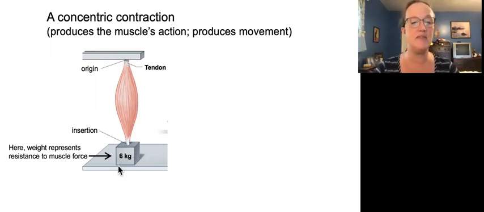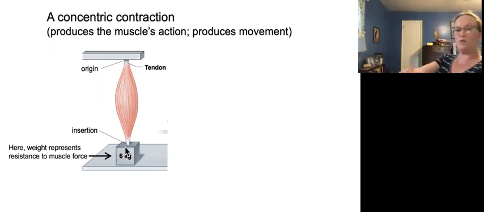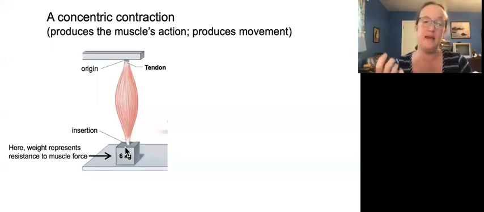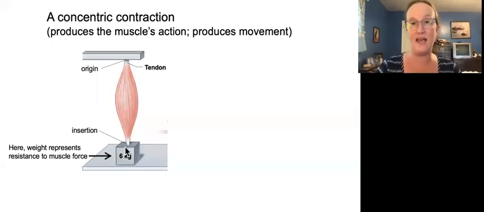And then at the bottom of that muscle, at its insertion, there's a weight. Now, anatomically, that could be, for example, the weight of the forearm that the biceps has to move, okay? Or it could be the added weight of a weight in the hand, for example, if we're talking about biceps, and we'll see some of that in a minute. But either way, that weight represents the resistance to the muscle force.